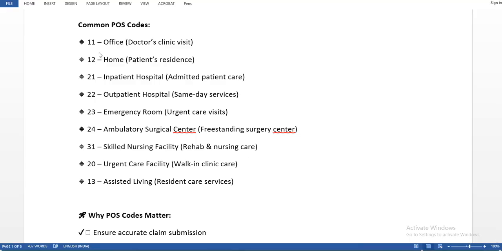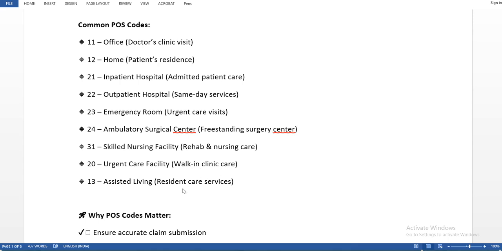So what are those? POS 11 is for office, doctor's clinic visit. 12 is for home, patient's residence. 21 is for inpatient hospital, admitted patient care. 22 is outpatient hospital, same day services. 23 is emergency room, urgent care visits. 24 is ambulatory surgery center, a freestanding surgery center, where this ambulatory surgery center does not have any connection with the facility or hospital. 31 is for skilled nursing facility, where the patient will get rehab and nursing care. 20 is for urgent care facility, where the patient will get walk-in clinical care.